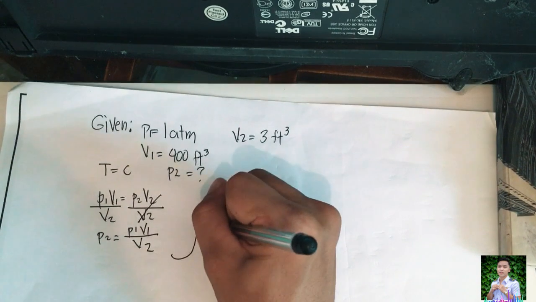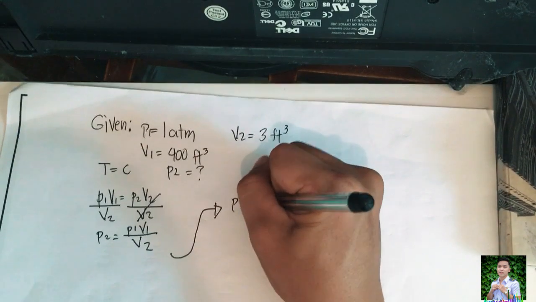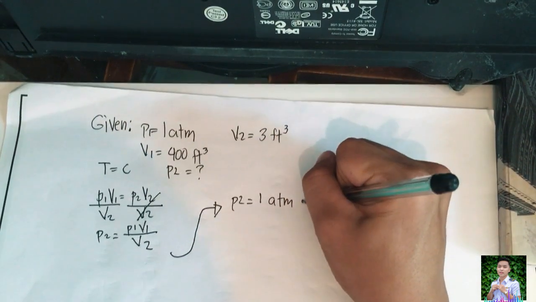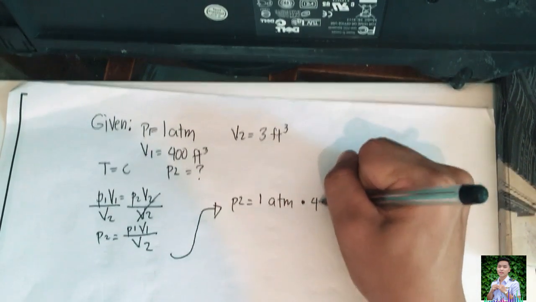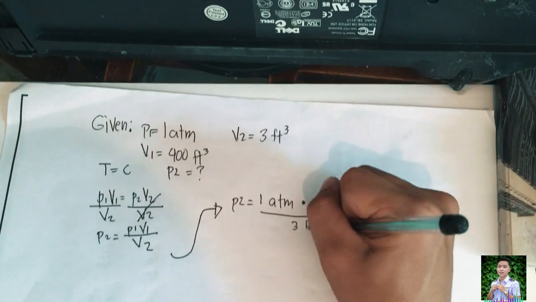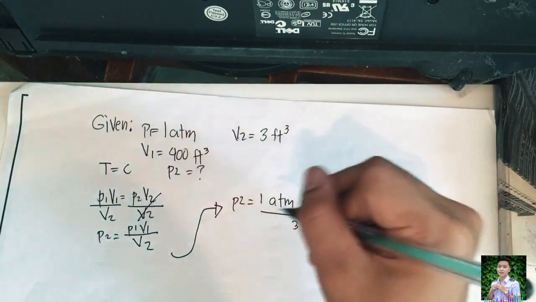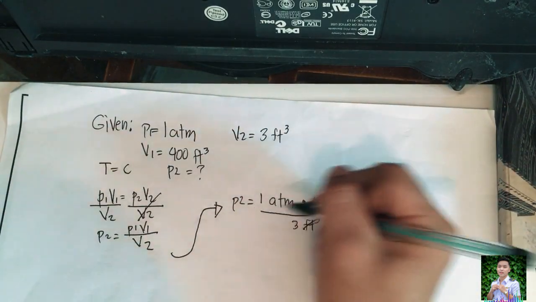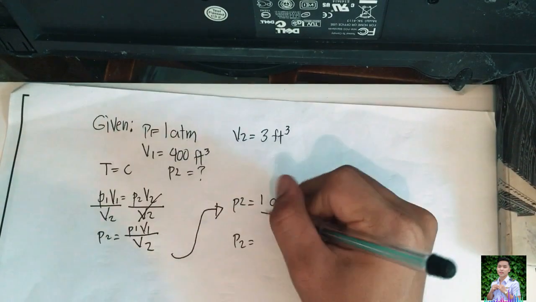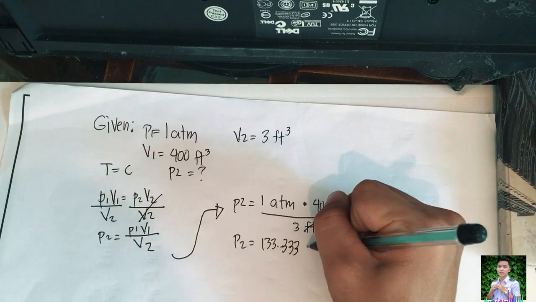Now, let us substitute all the given data. P2 is equal to 1 atm times 400 cubic feet over 3 cubic feet. Cancel both cubic feet and divide 400 by 3. The answer would be 133.3333 atm.